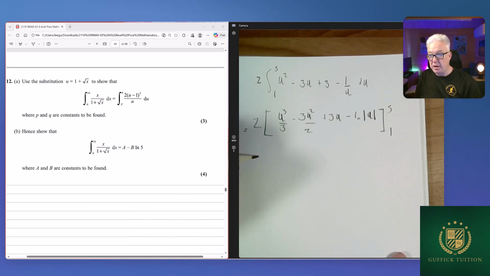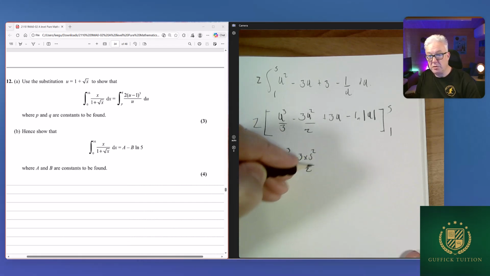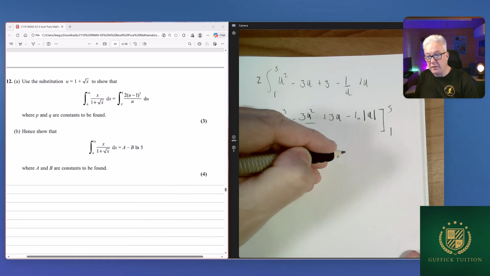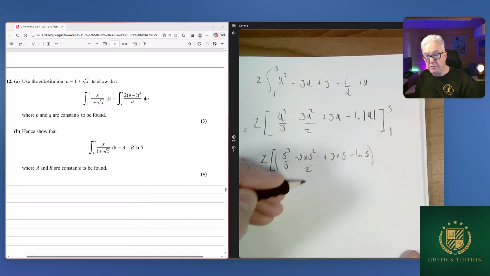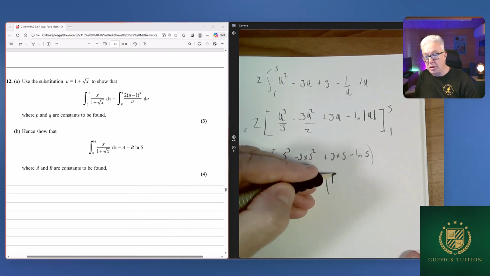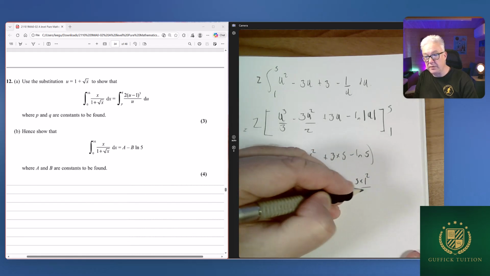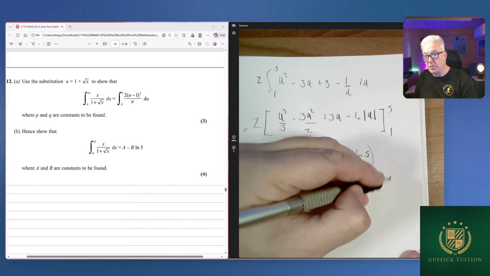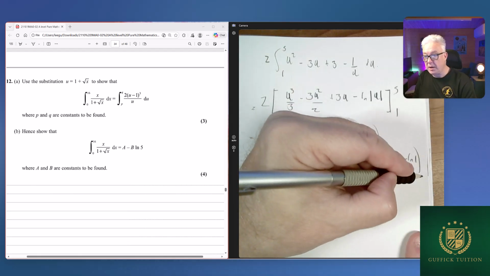So let's sub in our limits now, 2, and we're going to have 5 cubed over 3 minus 3 times 5 squared over 2 plus 3 times 5 minus ln 5. Okay, that's our one bracket, minus 1 cubed over 3 minus 3 times 1 squared over 2 plus 3 times 1 minus ln 1, like so. Put the square bracket there.